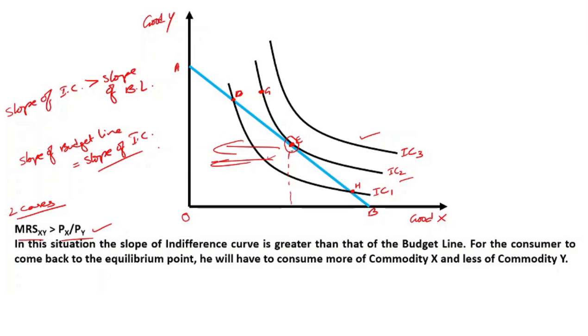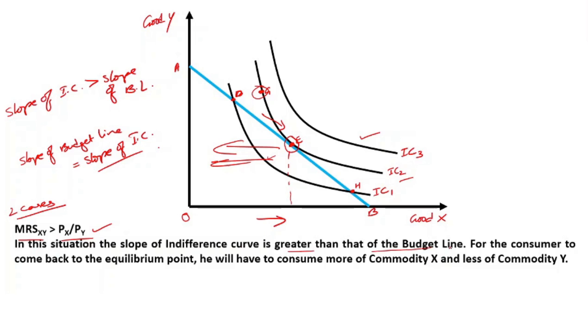The ratio of the budget line PX divided by PY is less than the sacrifice rate that the consumer is willing to give. In this situation, in order to come back to equilibrium, the consumer will have to consume more of X, since the slope of the indifference curve is greater than that of the budget line.